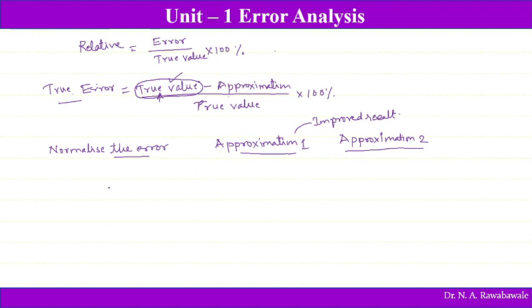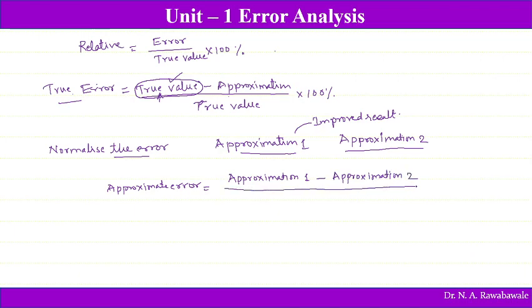That approximate error is nothing but the difference between the first approximation and the second approximation, approximation 1 minus approximation 2, and if you want to find the relative error, divided by approximation 1, into 100.